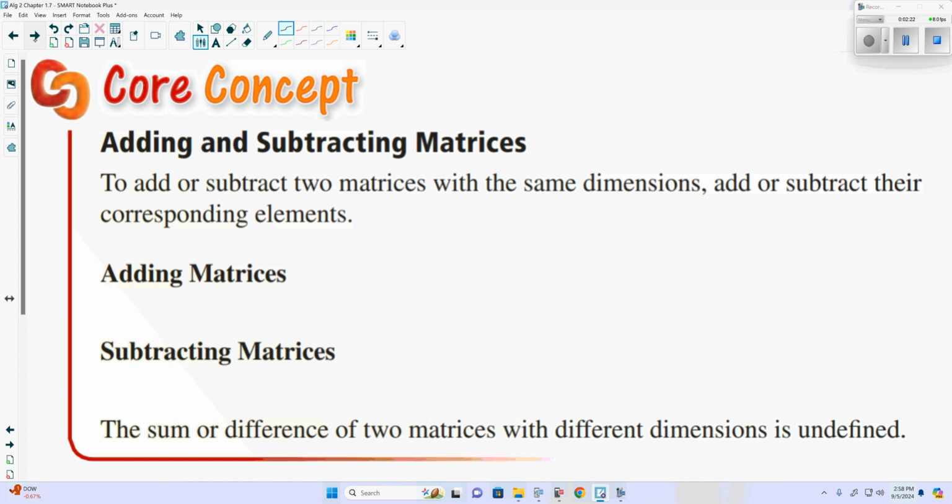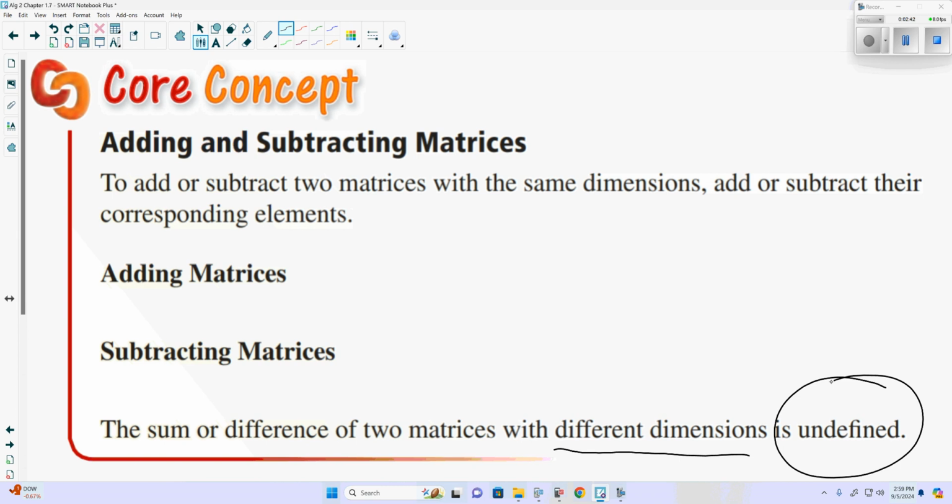For us to be able to add or subtract 2 matrices, the dimensions of the matrices that we're adding or subtracting have to be the same. If the dimensions are not the same, the sum or difference of 2 matrices with different dimensions is undefined.